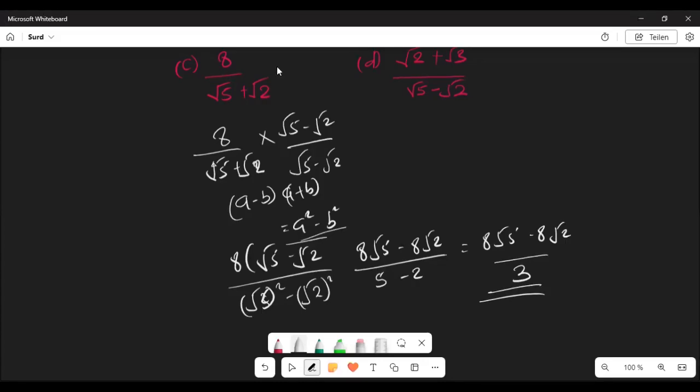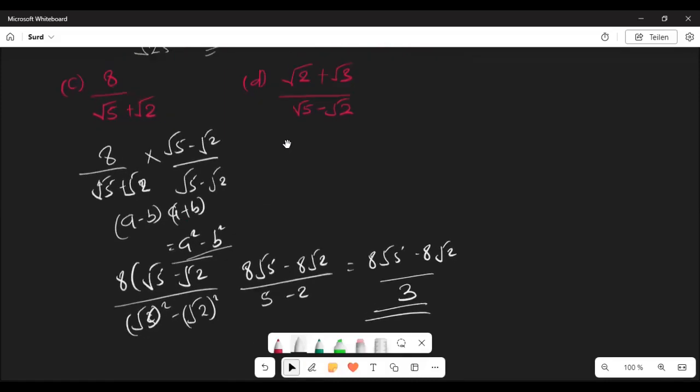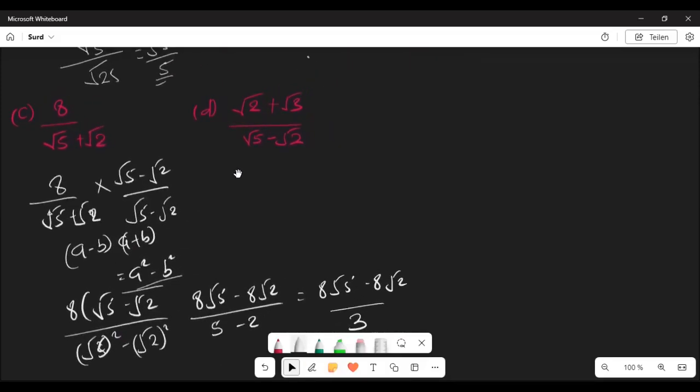Now let's look at the second one. This is going to be a bit longer, but interesting. So we have D. What we're going to do here is multiply this one by the addition. So we're going to say root 5 plus, because this is negative, so this is going to be root 2 over, we multiply that one by root 5 plus root 2.